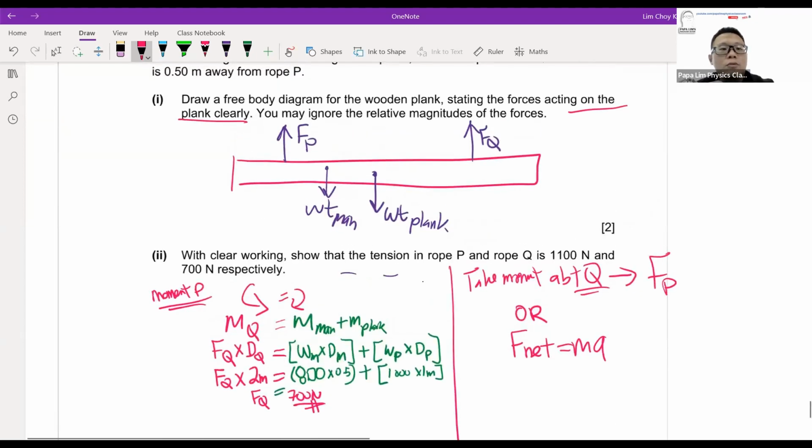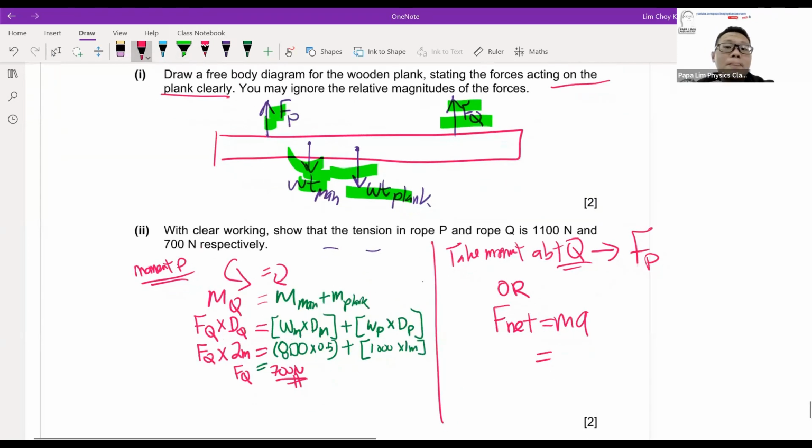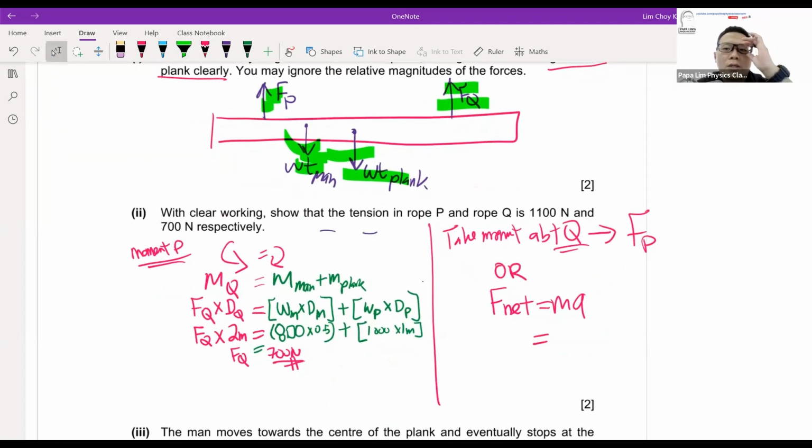When you look at the plank here, because this plank is balanced, all the forces will add up to be 0. Because the plank is not moving, I know that if I use Newton's law, which is faster, all the forces add up to be 0, or a equal to 0.